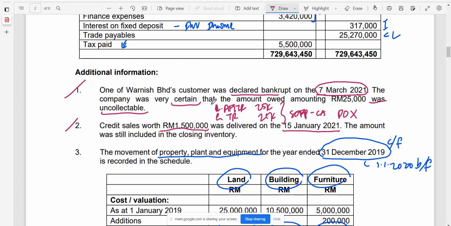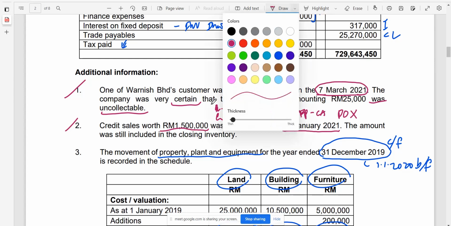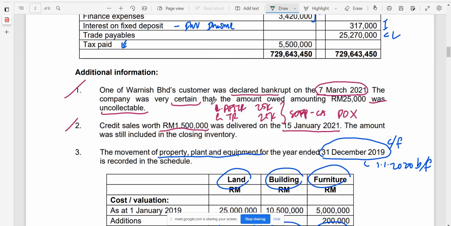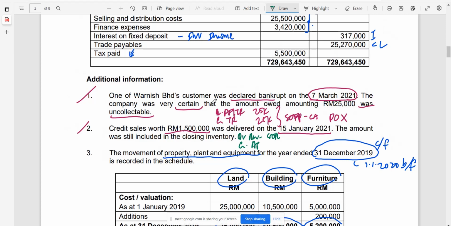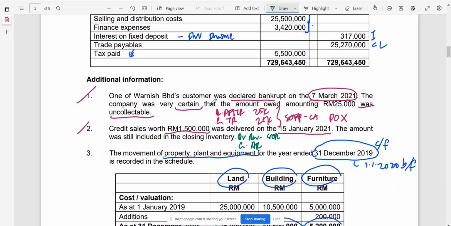So this is a revenue error because you have recorded revenue that shouldn't have been recognized. So you have to adjust that. You remove it from the revenue, debit revenue, and that is in SOPL, right? And you will credit your account receivable because this is a credit sale, and show the adjustment in the SOFP, 1.5 million.